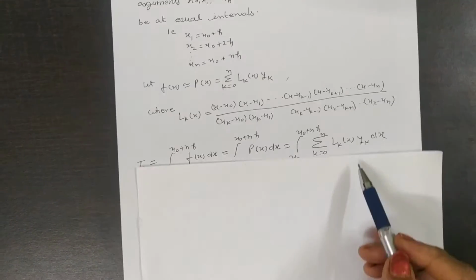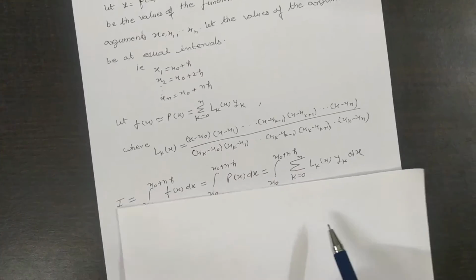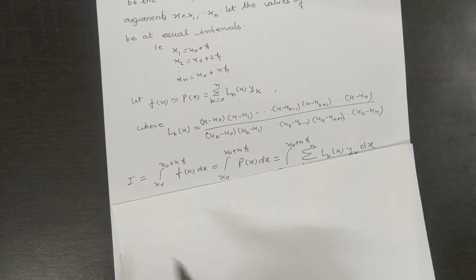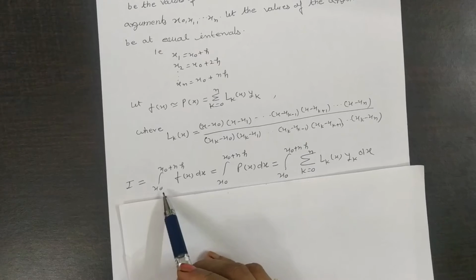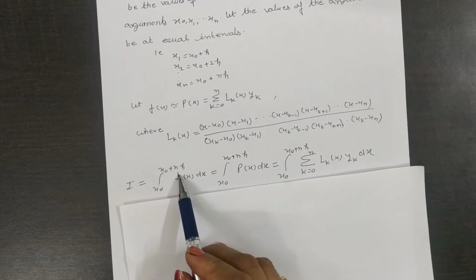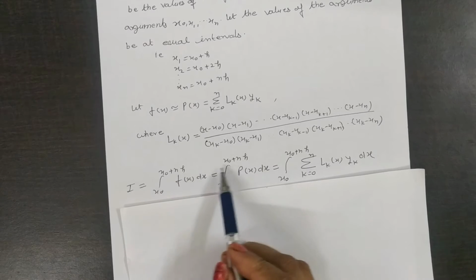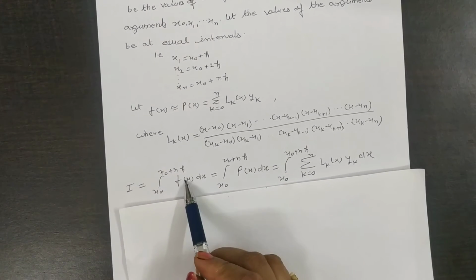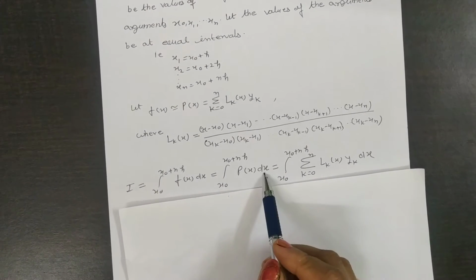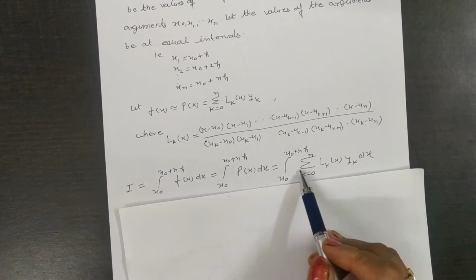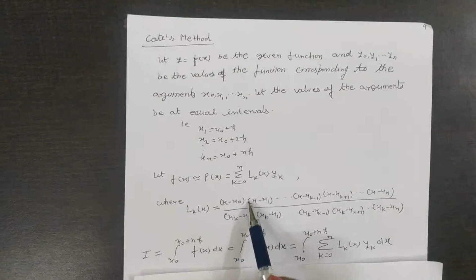Okay. Now we find the integral I of f(x) dx from x0 to x0 + nh, which is the integral of P(x) dx, and we define it in sigma form.